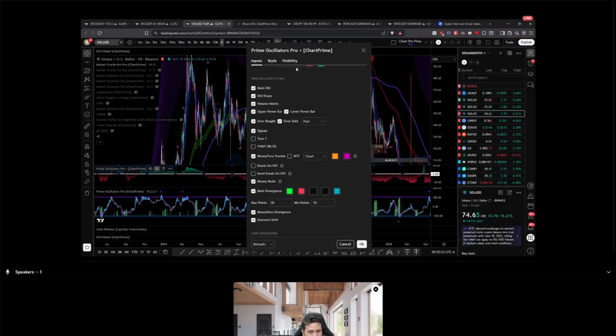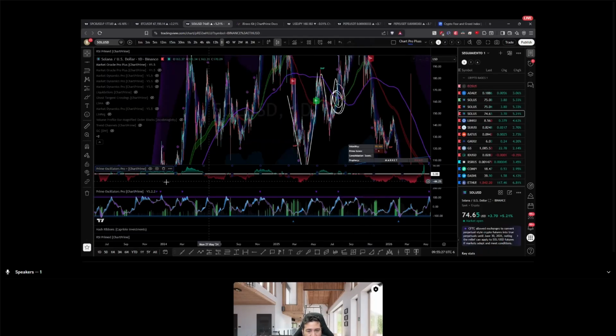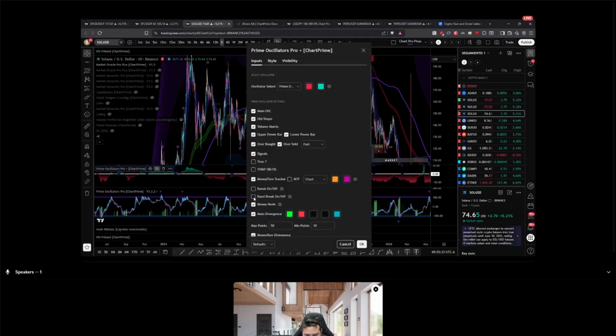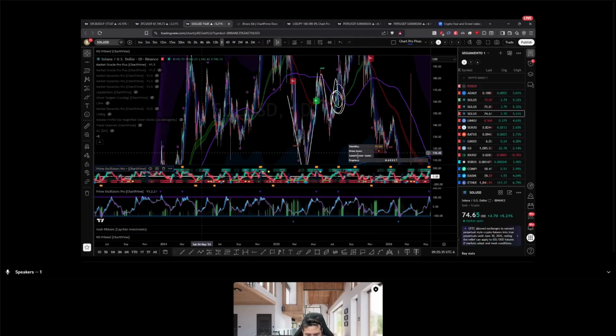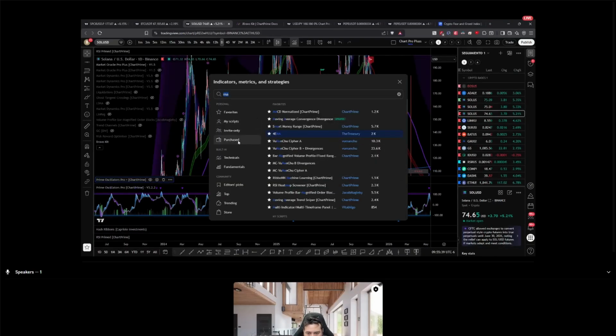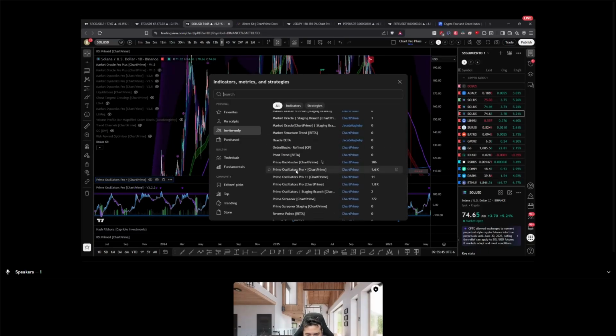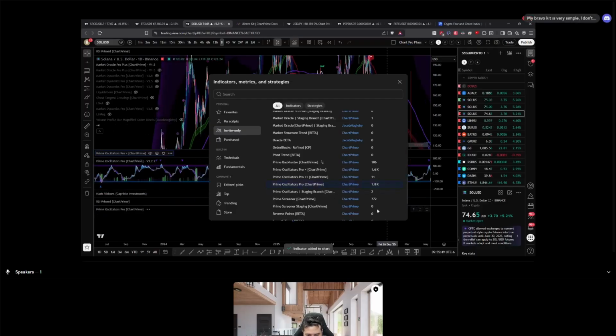So the only way that we can do it now is, for example, let's turn off this one so I can trade far ahead. So money mode. The way that you can maybe work around it would be adding from invite only your prime oscillator, just the prime oscillator pro. This one right here.